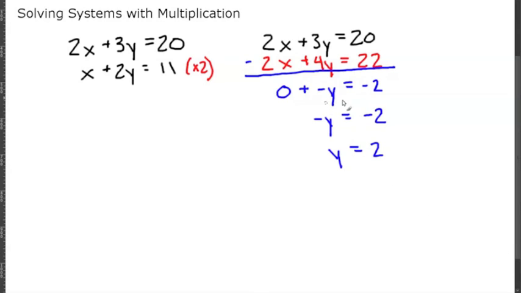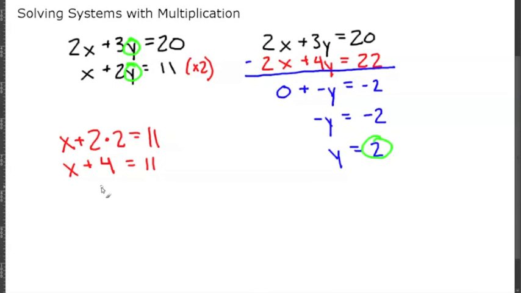Now that we have what y is, we can solve for x. We can plug this 2 either into the first equation or the second equation. Let's go ahead and do the second equation. So now we're going to have that x plus 2 times 2 equals 11. And that's going to be x plus 4 equals 11.